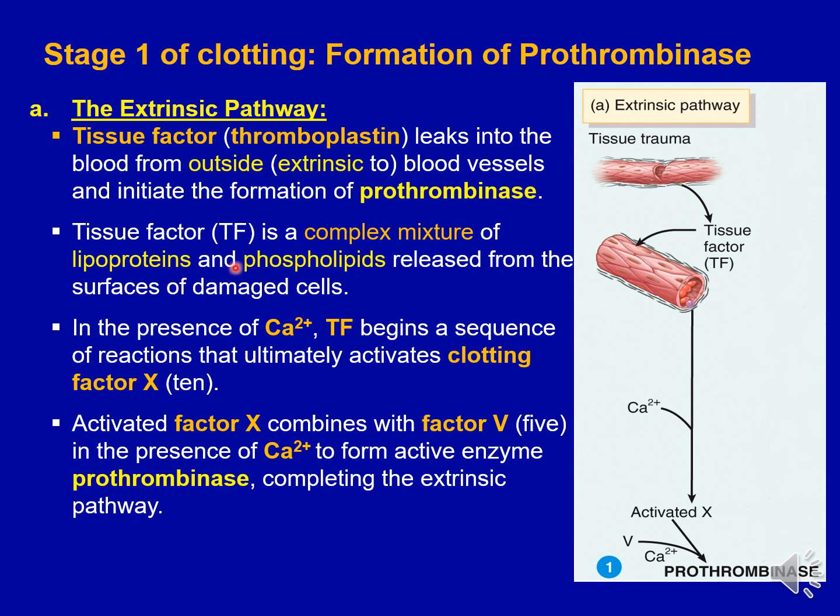So the first step in the extrinsic pathway is the interaction between tissue factor and calcium activating factor 10, and then active factor 10 with active factor 5 in the presence of calcium forms prothrombinase.